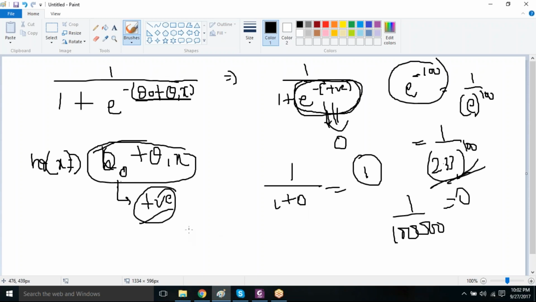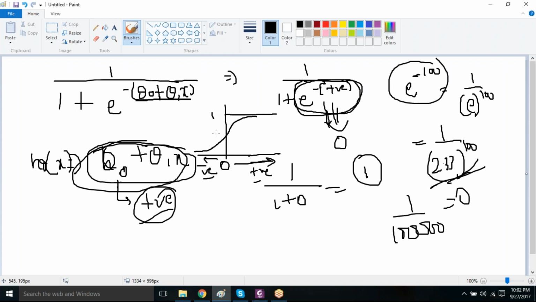If in this function your linear regression value is a big positive number, towards this side, this is 0, here it is negative, here it is positive. So if it is a positive number, where will it lie? Near 1.